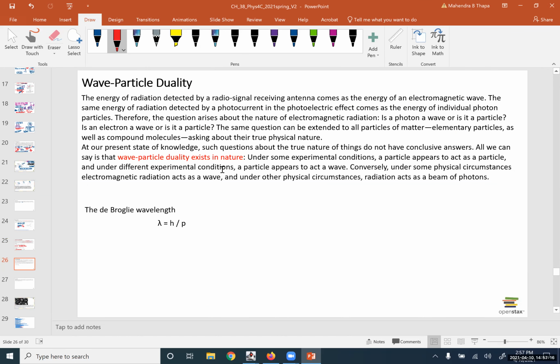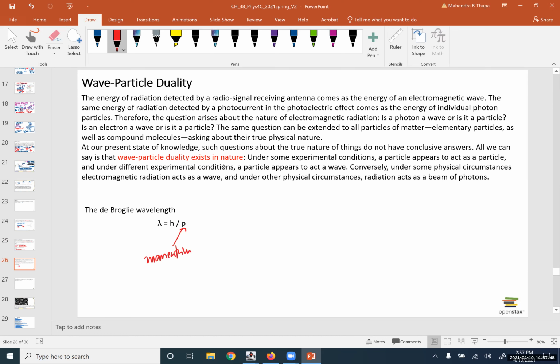Then the other phenomenon we talk about here is the wave particle duality. It means wave and particle phenomena are dual. Sometimes particles behave as a wave, and waves also behave as particles. They are related by the wavelength we call the de Broglie wavelength. Lambda is equal to h over p, where p is the momentum.